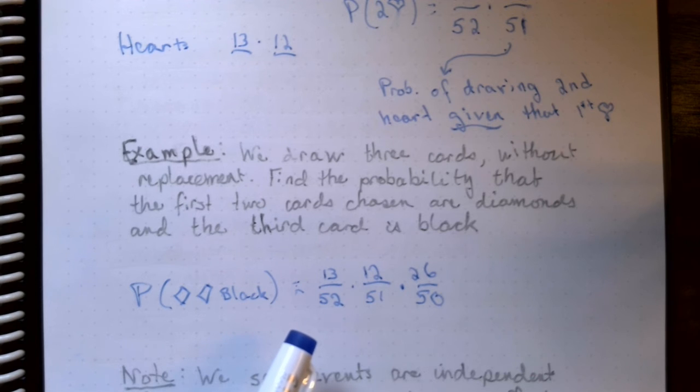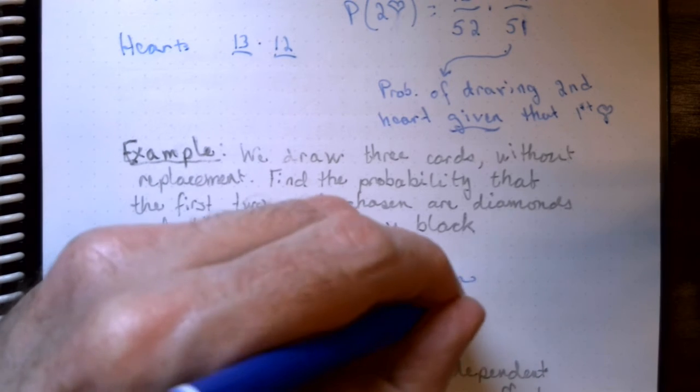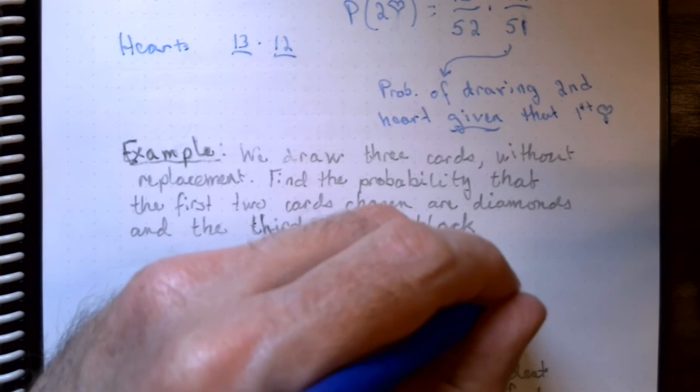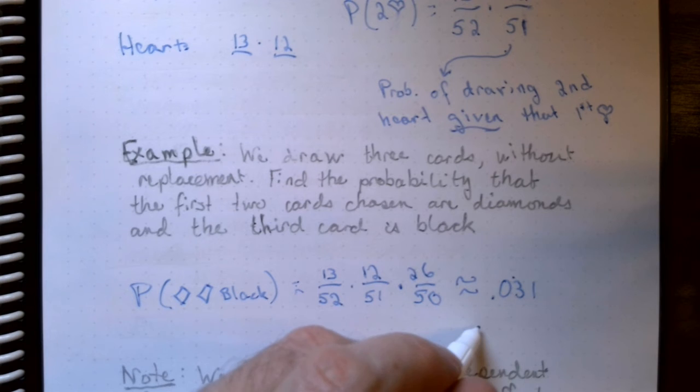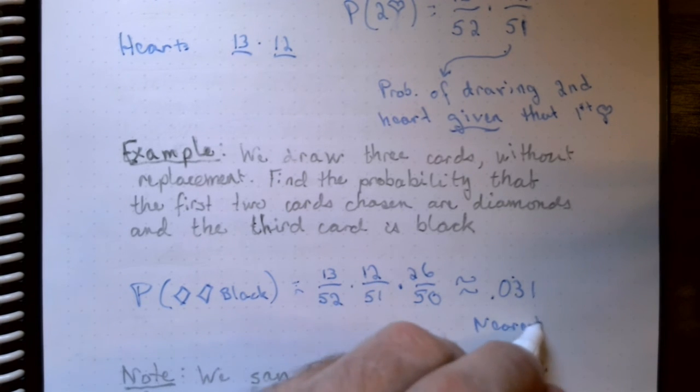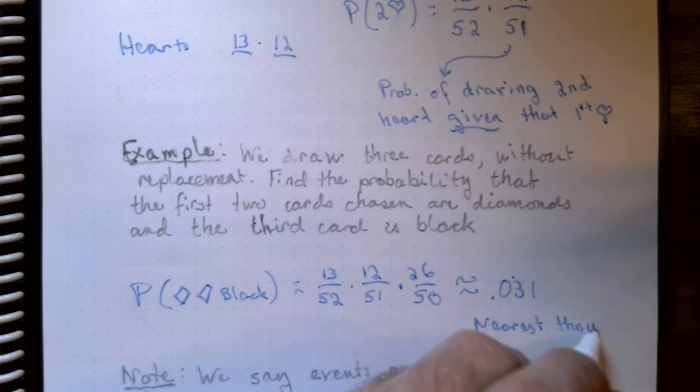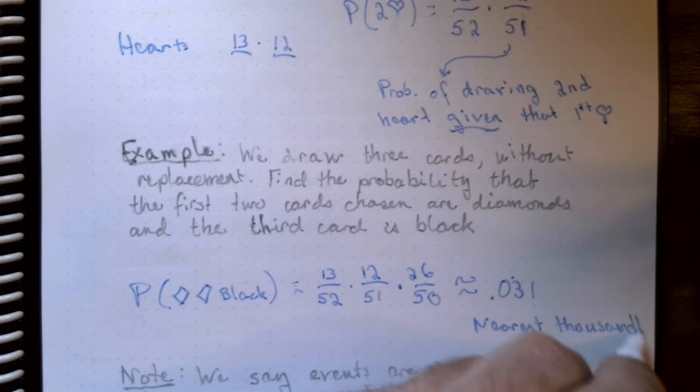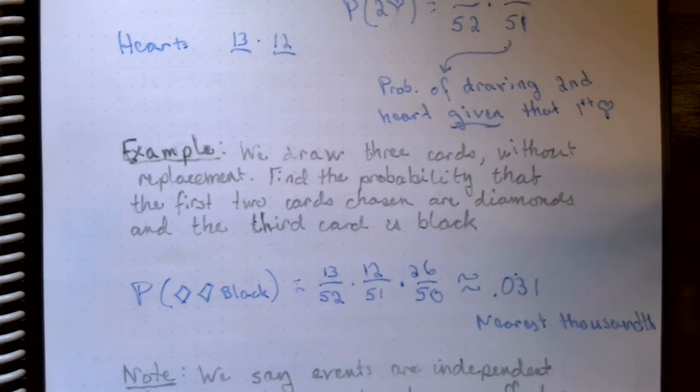So I would do 13 out of 52 times 12 over 51 times 26 over 50. So this is approximately 0.031, and that is to the nearest thousandth.